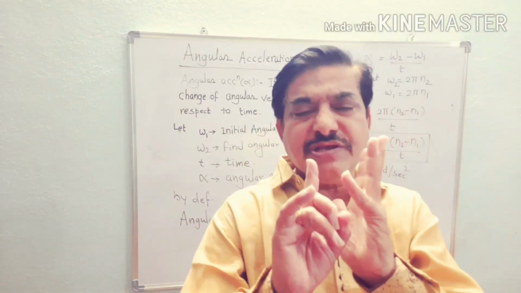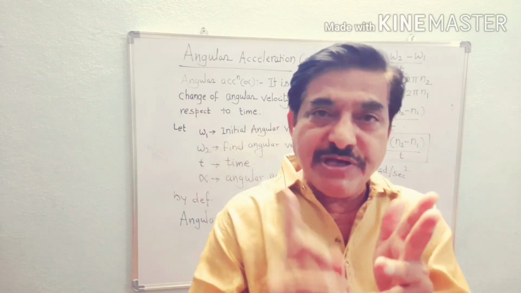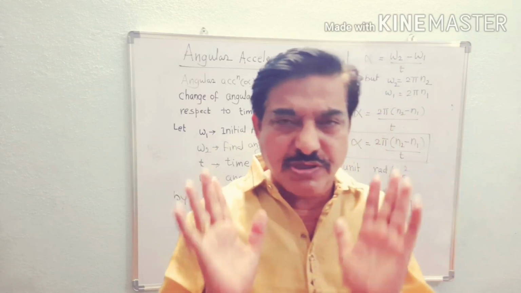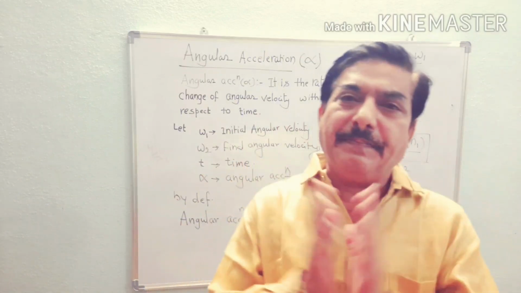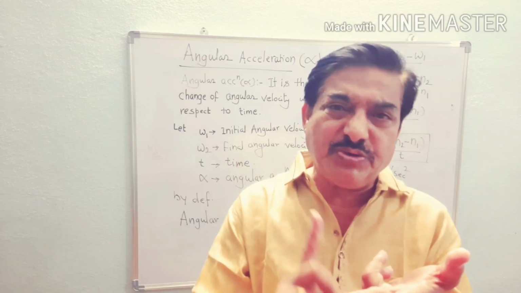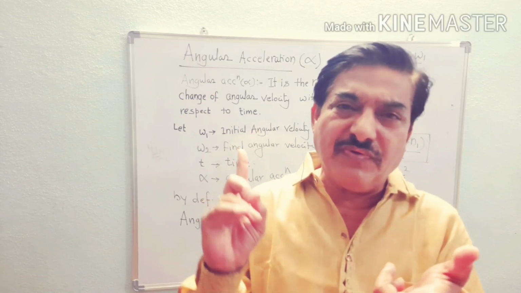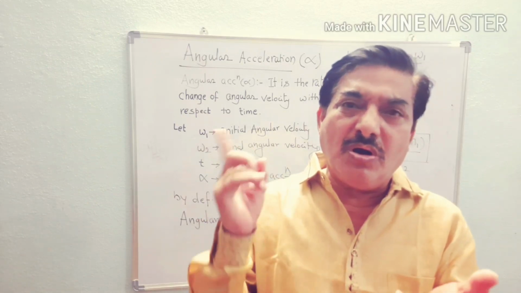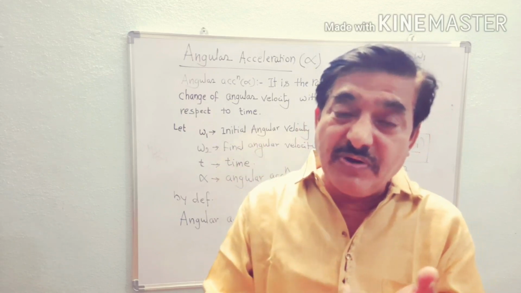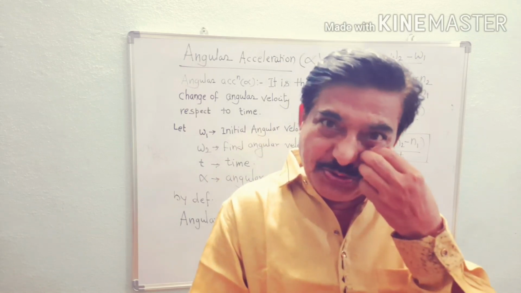It means change in displacement causes the velocity, and change in velocity causes the acceleration in linear motion. In the same way, when angular displacement changes with respect to the time, angular velocity is produced, or when there is a change of angular velocity with respect to the time, then angular acceleration is produced.